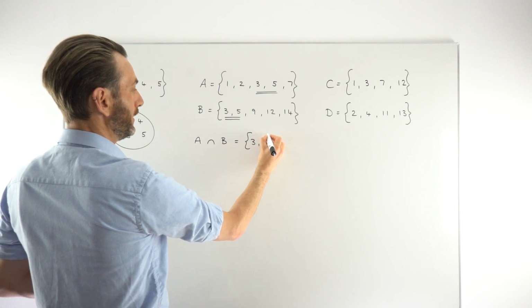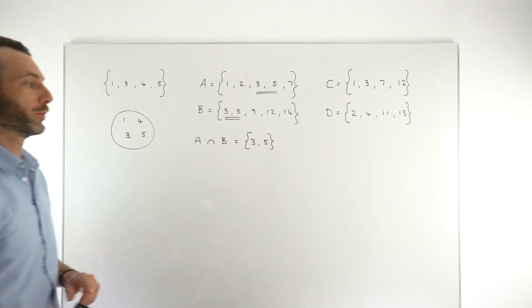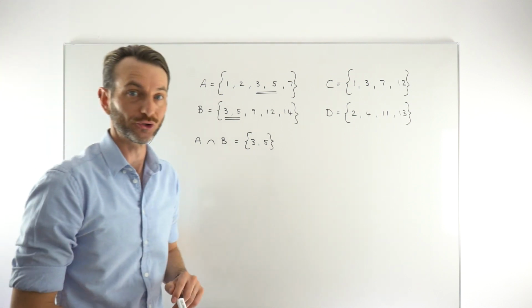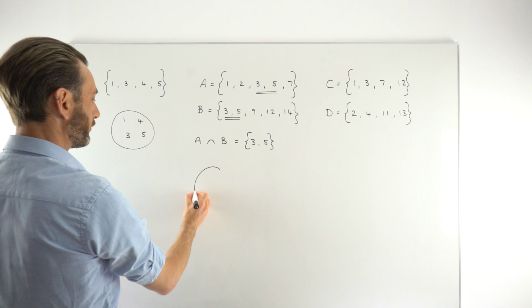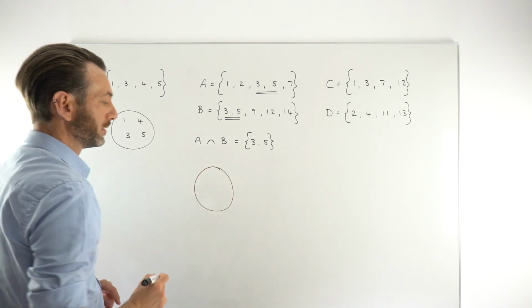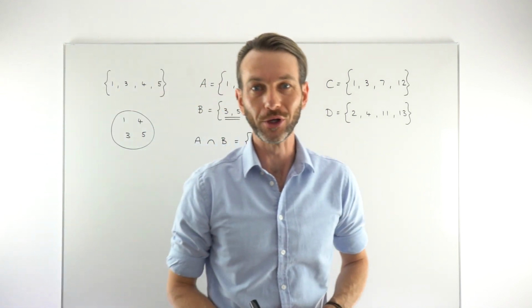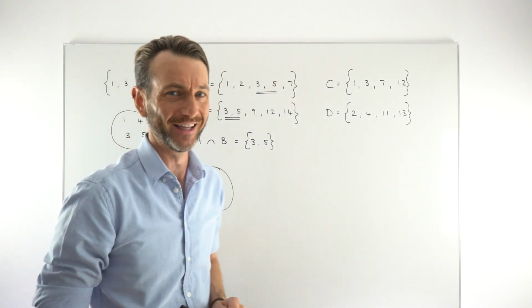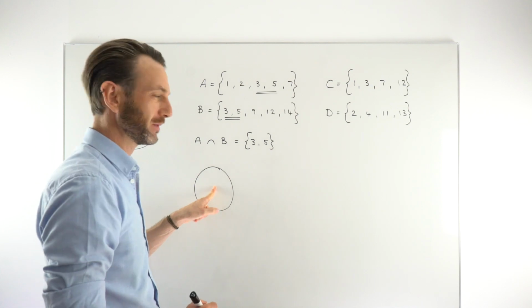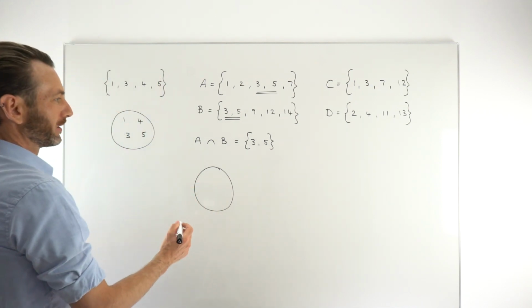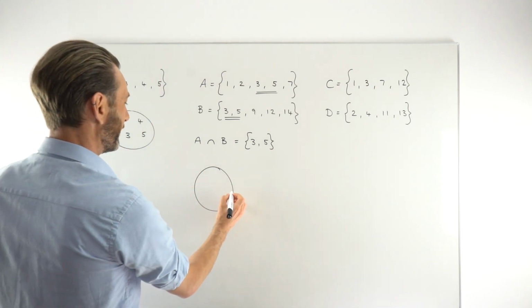It's just listing the elements that belong to both sets, the ones that are in the intersection. And when we come to represent this on the Venn diagram, let's just say we've got our first set here. My circles, by the way, are terrible. I'm not very good at free styling circles. They end up looking like ovals and egg-shaped things. But let's just say that that is approximately a circle.